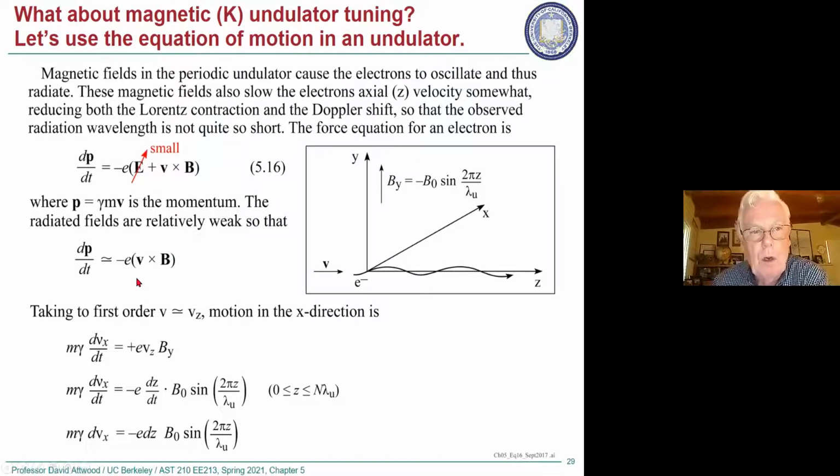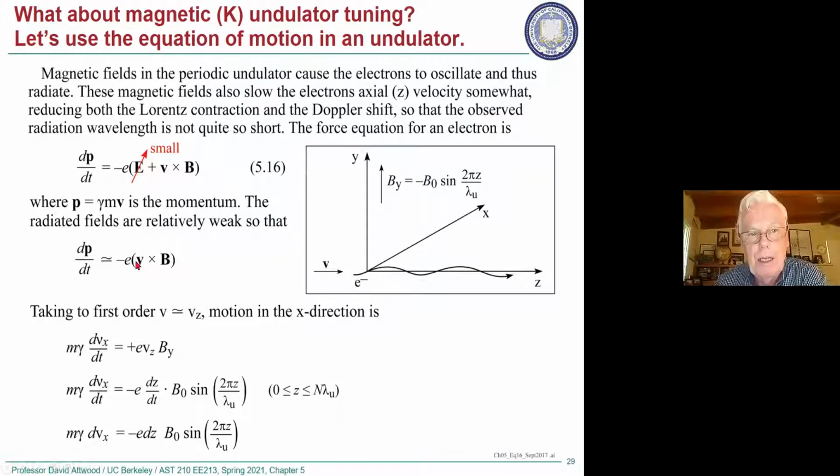And we said, well, we want to solve for the acceleration in the x direction. So we took this vector quantity, and we said v is approximately in the z direction, and it's approximately c. That's what's driving all these oscillations.